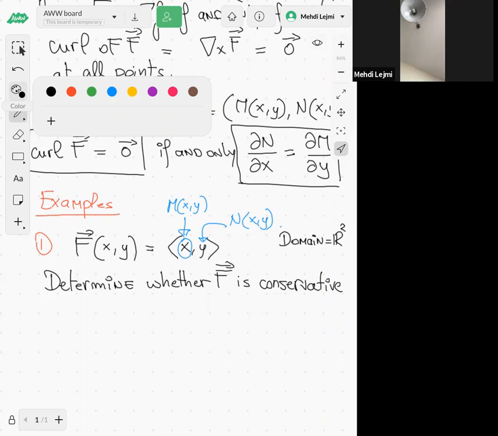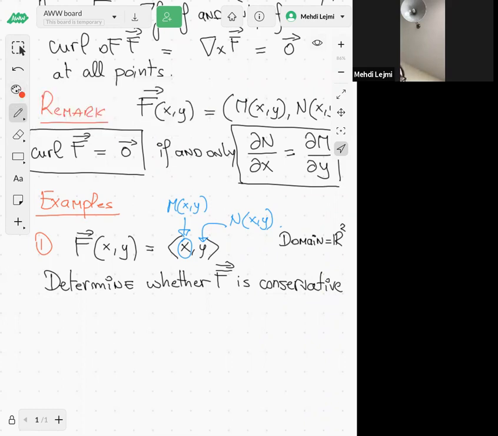In that case, the vector field would be conservative. So we have to compute first partial N, partial x.